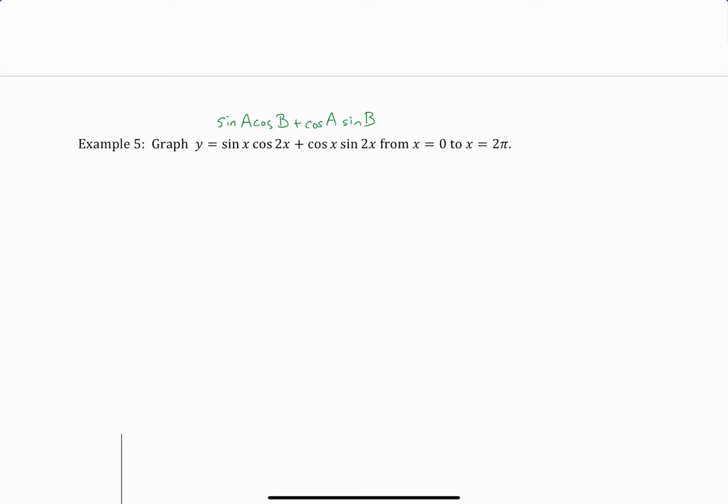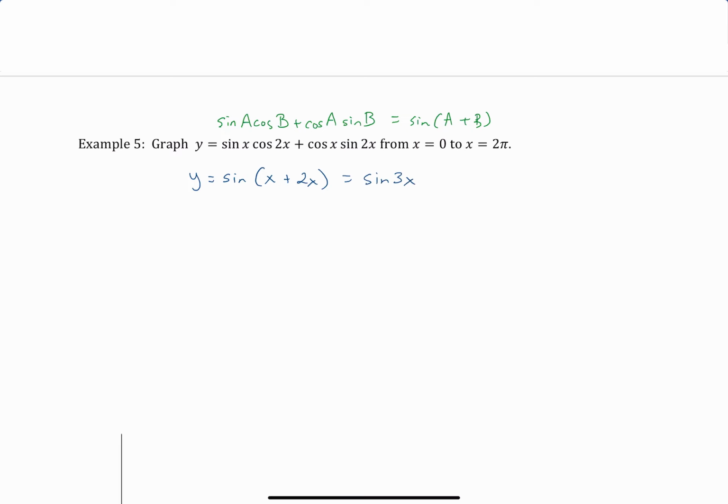And we have a formula that tells us that's what you would get if you had sine of A plus B. In other words, this thing we want to graph boils down to a sine function where A is playing the role of x and B is being played by 2x. So in other words, we're really just needing to graph sine of 3x.